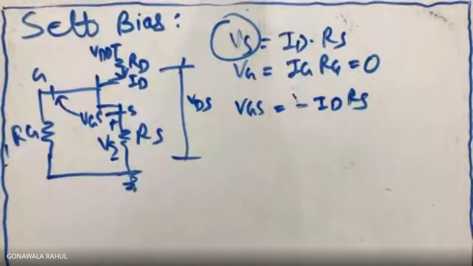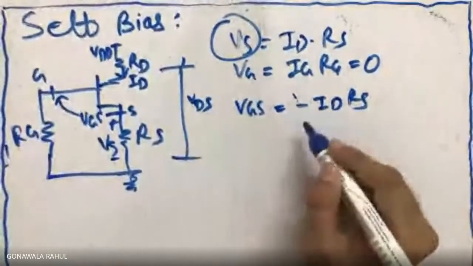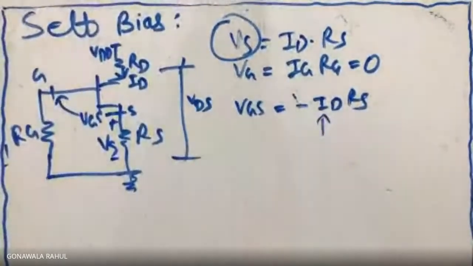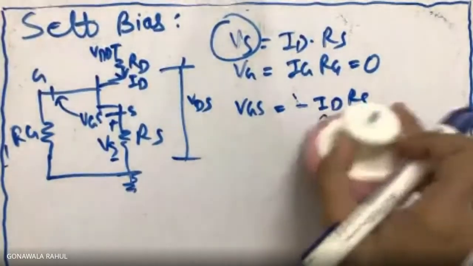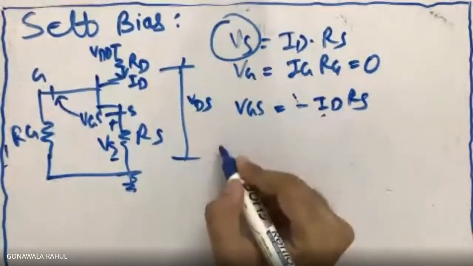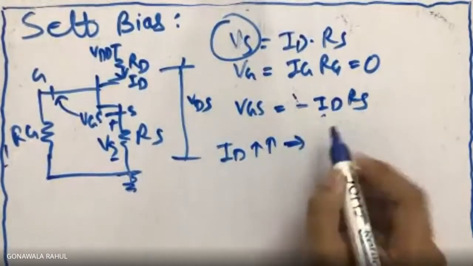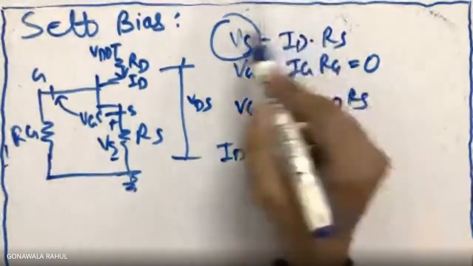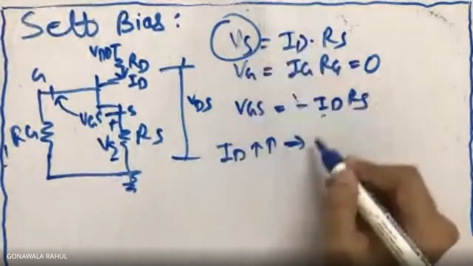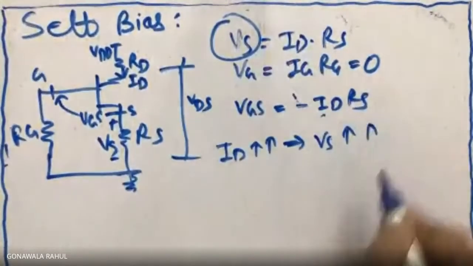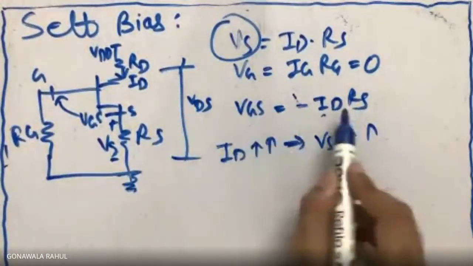Now, let's consider a rise in ID. Consider ID increases, drain current increases. If drain current is increasing, hence VS will be increased.